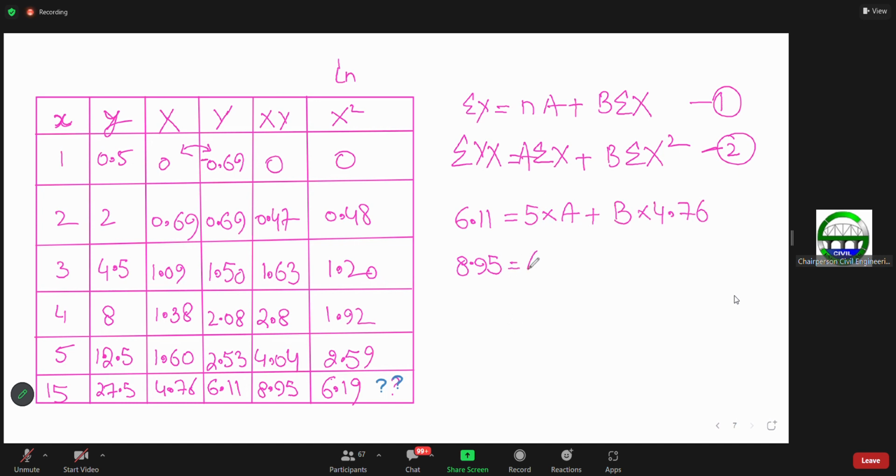A is unknown into sigma x 4.76 plus b is unknown into sigma x squared. What is sigma x squared? 6.19.